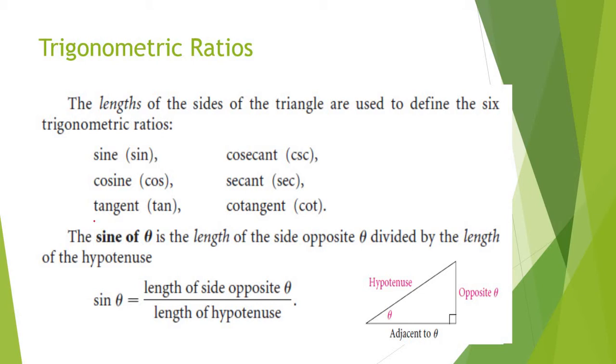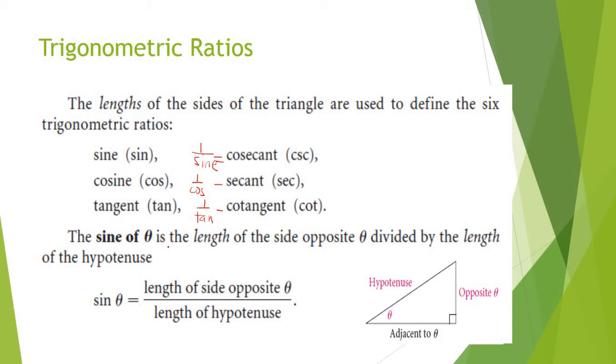Take note that cosecant is the inverse of sine, secant is the inverse of cosine, and cotangent is the inverse of tangent. When you inverse the sine, that will give you cosecant. If you inverse the cosine, that will give you secant. And if you inverse the tangent, that will give you cotangent. These are the six trigonometric ratios.